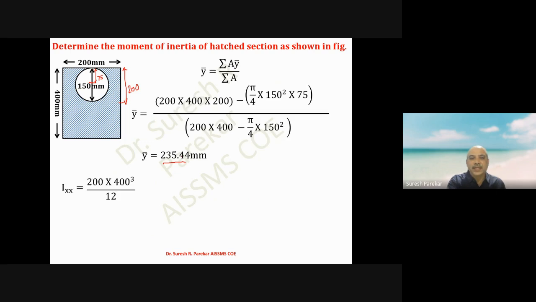And now we will go for I for this section. Then we have Ixx bd cube by 12, because for a rectangular section we have the same, plus now we know 200 into 400 into h. What will be the h value? This minus this value, which we have taken in y.